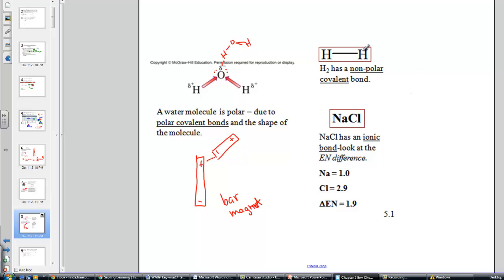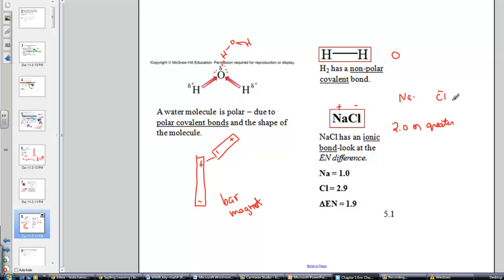So here we have H-H. The electronegativity difference of two like elements would be 0, so it's said to be a nonpolar bond. For ionic compounds, you're looking at an electronegativity difference of about 1.9 to 2.0. Typically, if it's 2.0 or greater, they're not sharing anymore, they're actually transferring electrons, where sodium would develop a +1 charge and chloride would develop a -1 charge, and we call that an ionic bond.